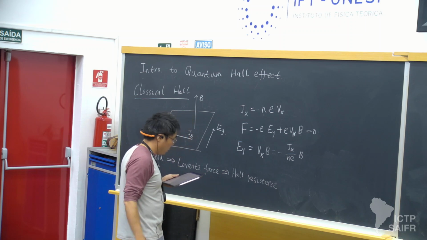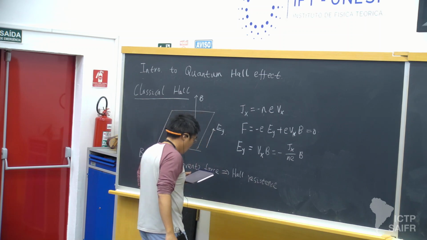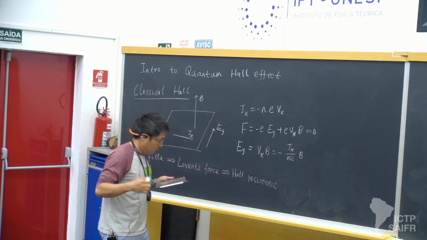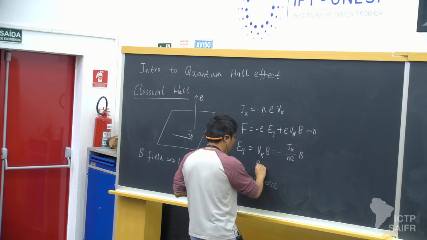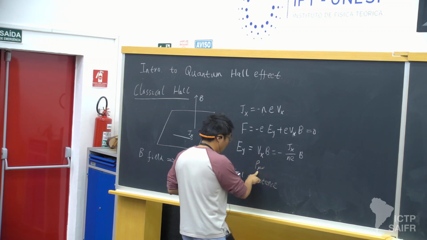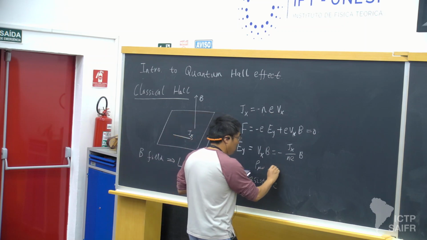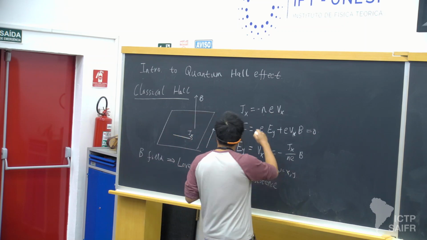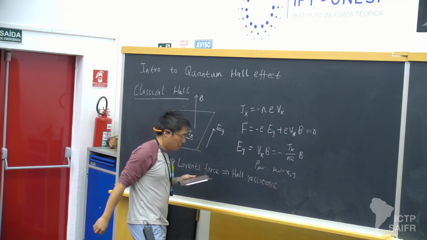Then we can compute the so-called Hall resistance. In general we can define the resistivity as a tensor, or a matrix, that I will call rho mu nu, with mu and nu taking the values x and y. That's really just the directions on the plane, right?